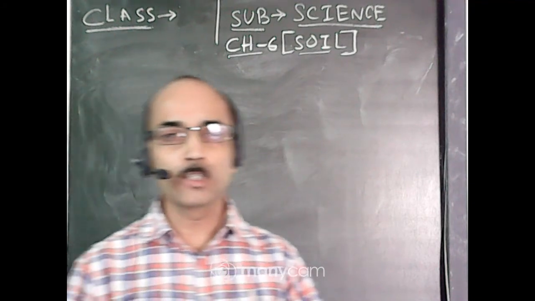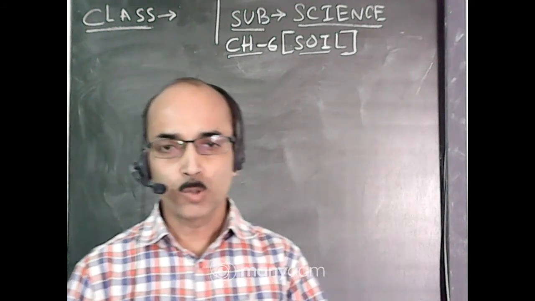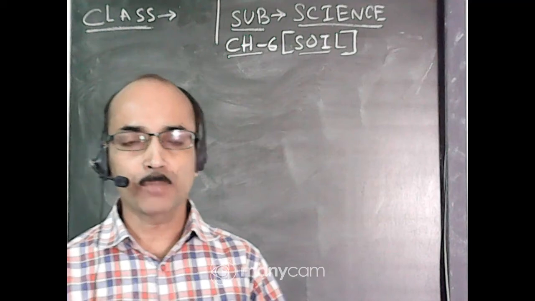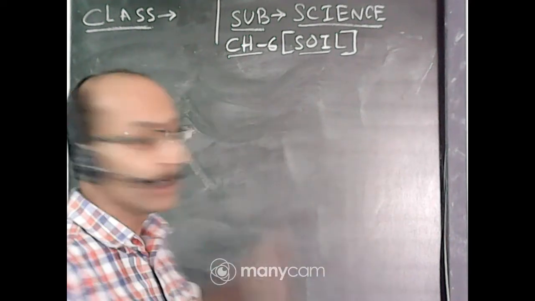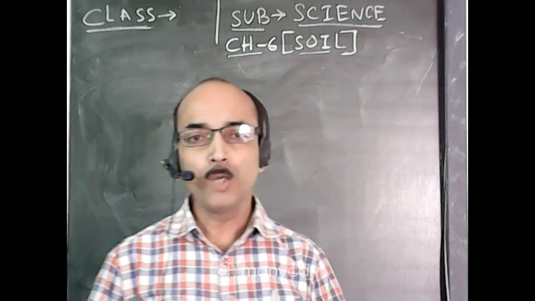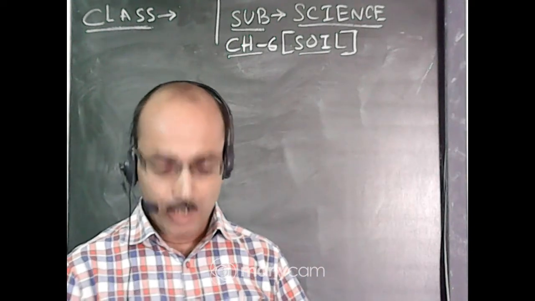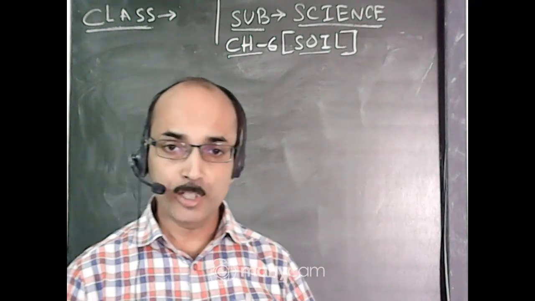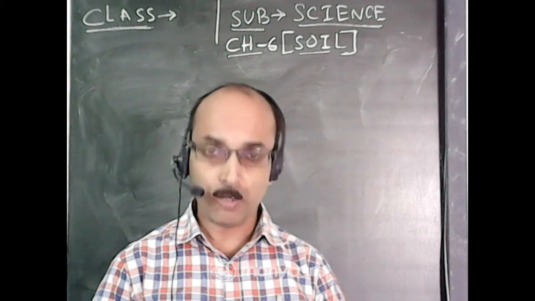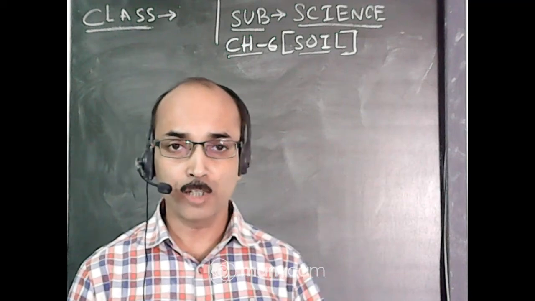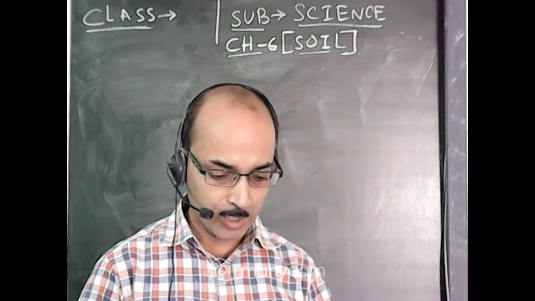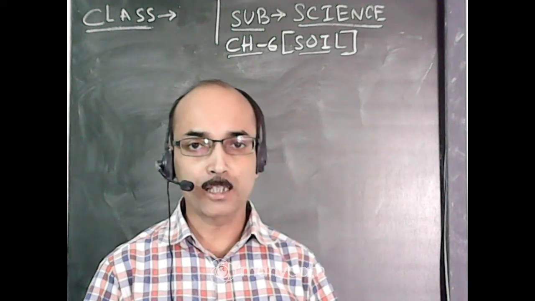Today, as you know, it is your science subject. So we'll start the chapter. We are doing chapter number 6, soil. I will continue from the same chapter. In our previous class, we discussed some portions of the exercise of this chapter. We have done section A, section B, and section C, up to the match the following.